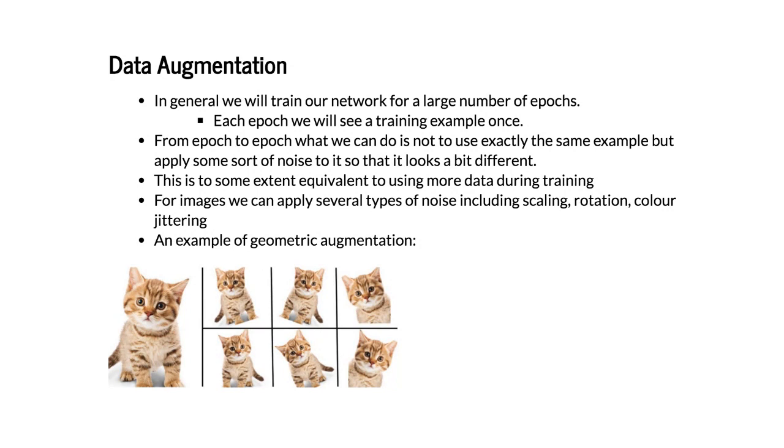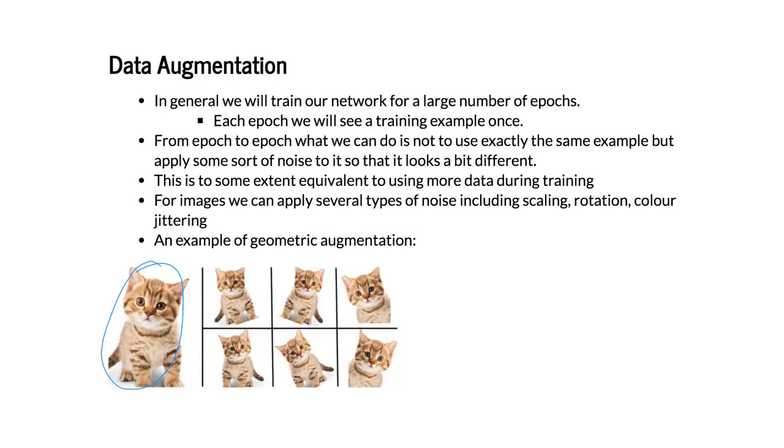But what we can do instead of using exactly the same example is apply some noise to it, so that every time it is a bit different, okay? So for example, instead of using this image all the time, I apply some sort of noise to it.